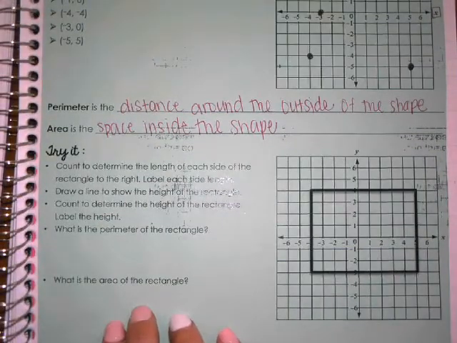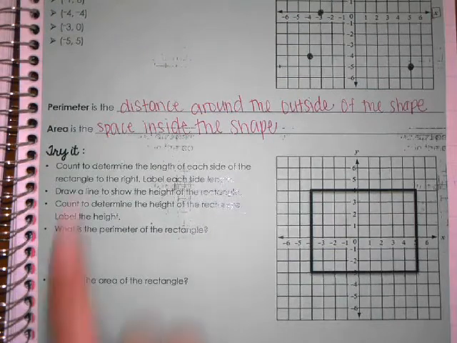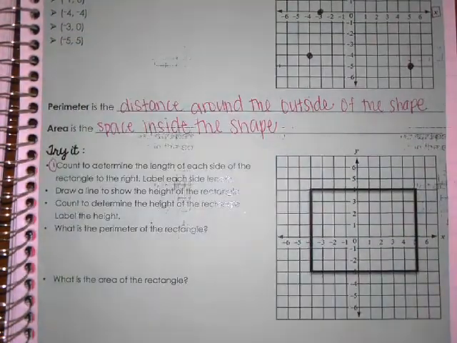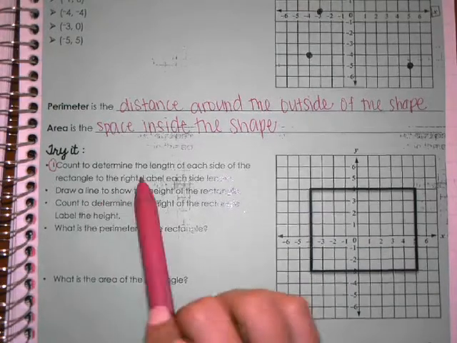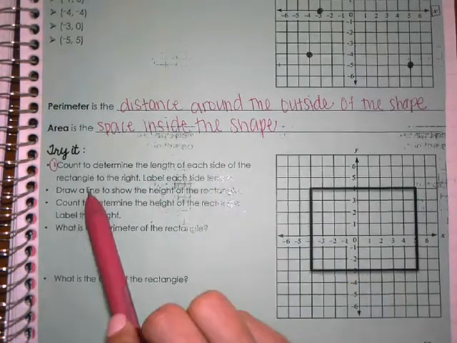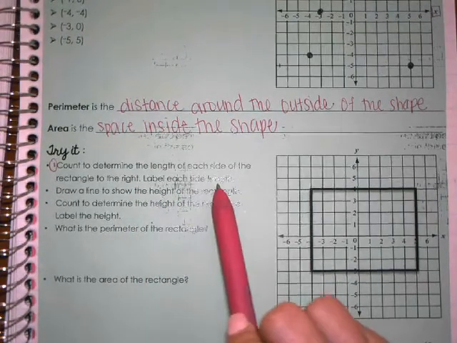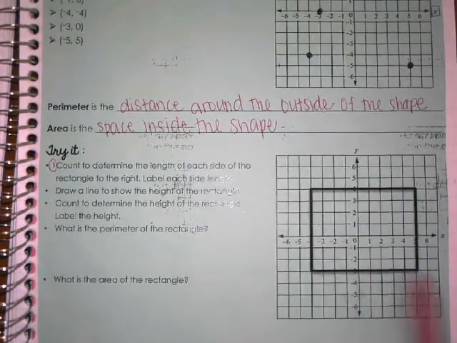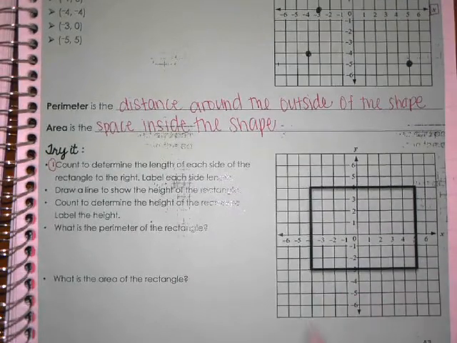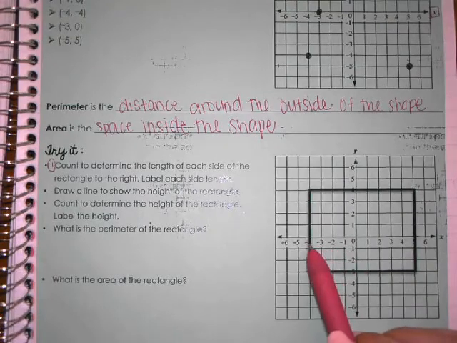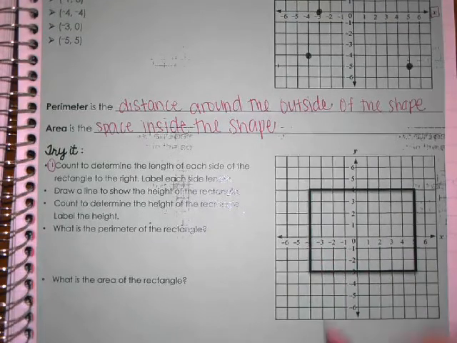Okay, so on the bottom it says we're going to try it. Here's what we have to do. The first thing listed is to count to determine the length of each side of the rectangle to the right, and then make sure we label that. The length is the one that goes across. The way we count is every single box, because they're counting by ones, goes 0, 1, 2, 3, 4, so every one of these boxes is 1.